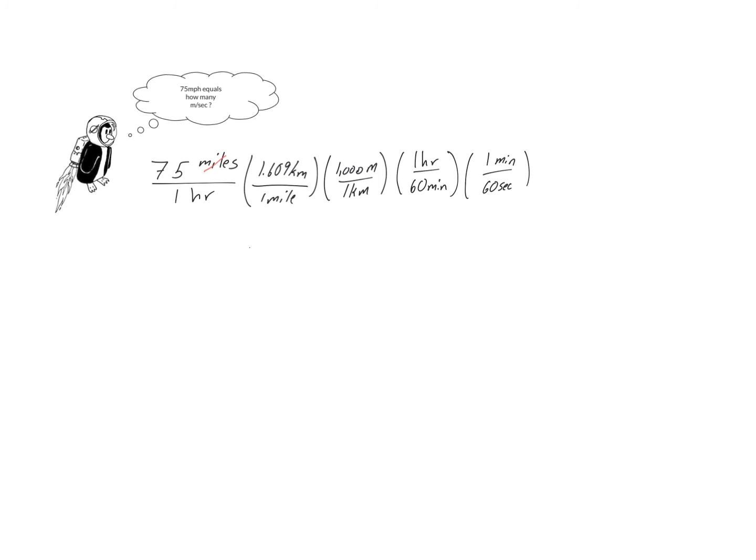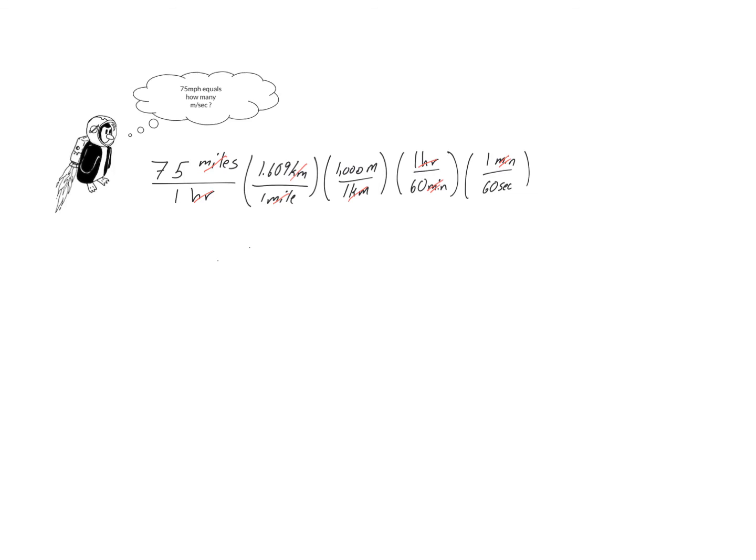So we have miles on top, miles on bottom, cancel out nicely. Kilometers on top, kilometers on bottom, also cancel out. Now meters we want to keep on top. Hours and hours cancel out. Minutes and minutes also cancel out, leaving us with just meters per second.